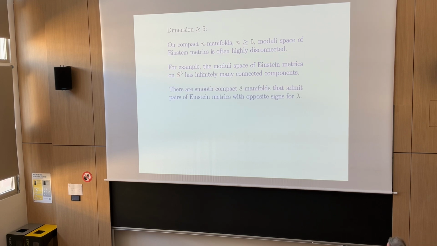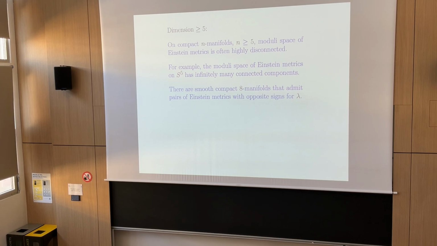Another example of the fact that moduli spaces of Einstein metrics might not be connected. It turns out that if you, for example, fix the volume, you only look at metrics of total volume 1, then the Einstein constant is constant on each connected component of the moduli space.